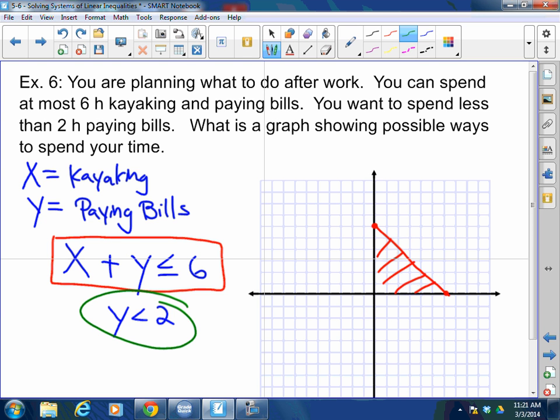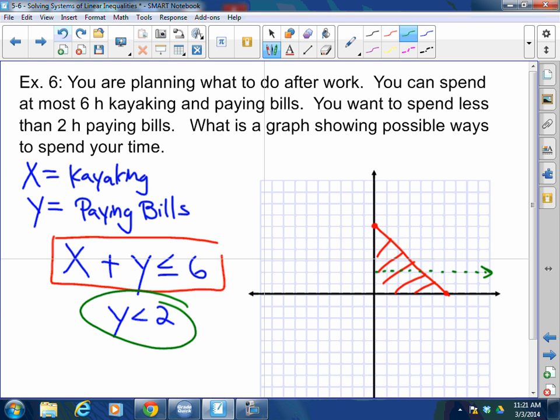Is it a horizontal line or a vertical line? It is a horizontal line. So I go here to my 2, and I go forever this way. But I want it to be less than 2 hours, so actually it should have been a dashed line.